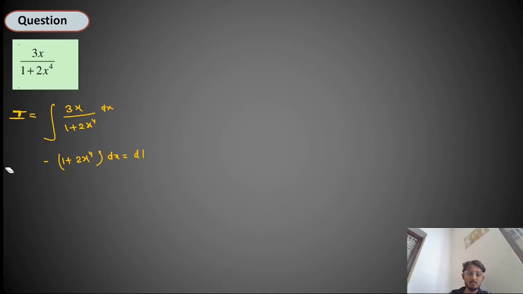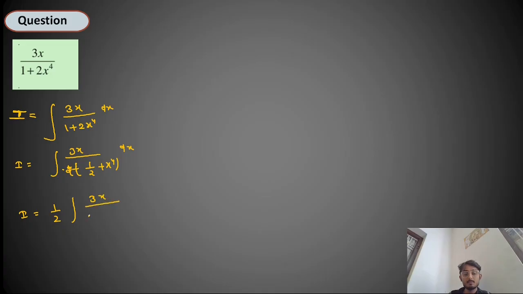First of all, take 2 as common, so you will find 1 upon 2 times x raised to power 4 plus 1 by 2. Write I equal to 1 upon 2 integral of 3x upon x to the 4 plus 1 by 2 dx. That means you can write it as x square whole square plus 1 by 2 dx.